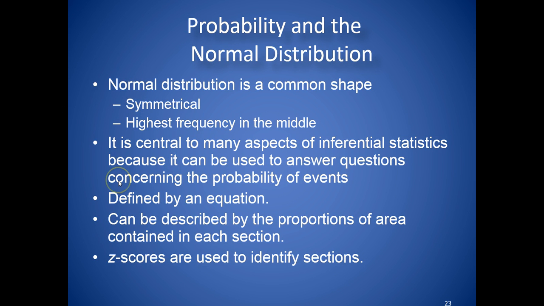It is central to many aspects of inferential statistics because it can be used to answer questions concerning the probability of events. It can be described by the proportion of the area contained in its sections, especially when you start talking about critical values. Like for z-scores, critical values would be anything above plus 1.96 and anything below minus 1.96. Those are the critical values.